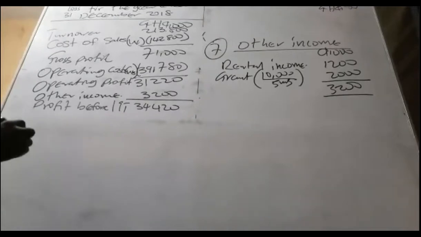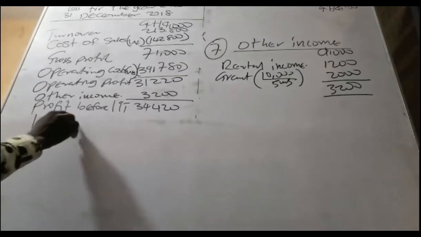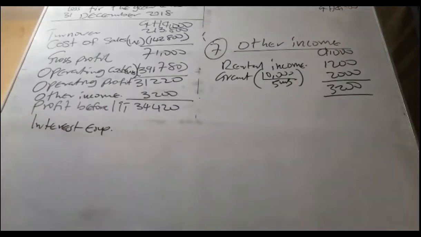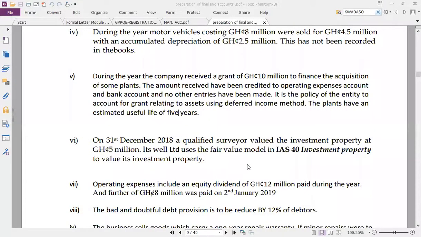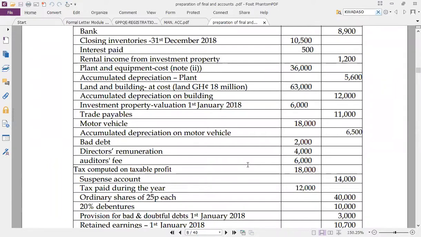So interest or finance cost. So interest expense. Now let's go to the trial balance. How do you take the interest expense? From here, I'll be very fast to clear this one out of the way. Now the interest given to us, we have 20% debentures. So debentures, we just have to find 20% of the 10,000.